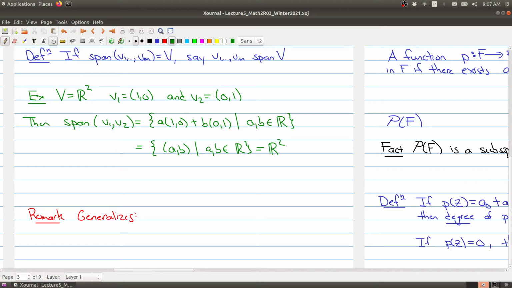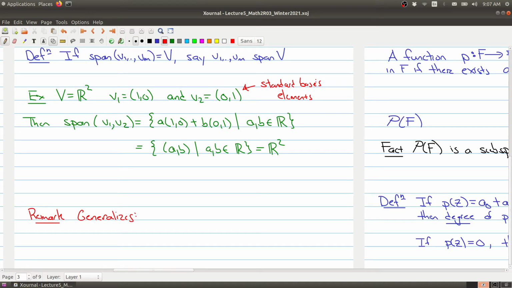Okay, so these two vectors here span R2, and you probably remember from Math 1B03 that we would call these the standard basis elements. So the word basis will come up later on in this course.